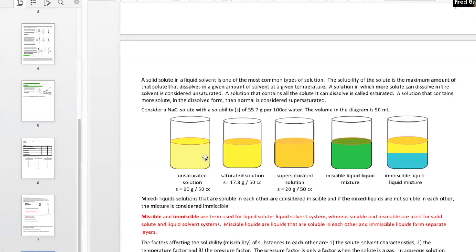So make sure you use that terminology in the pre-lab and post-lab questions, okay? When you have a liquid and liquid, don't use terminology like soluble, insoluble. You use terminology miscible and immiscible. When you have a solid in a liquid, then you have soluble and insoluble. So that's the experiment that we have for today.